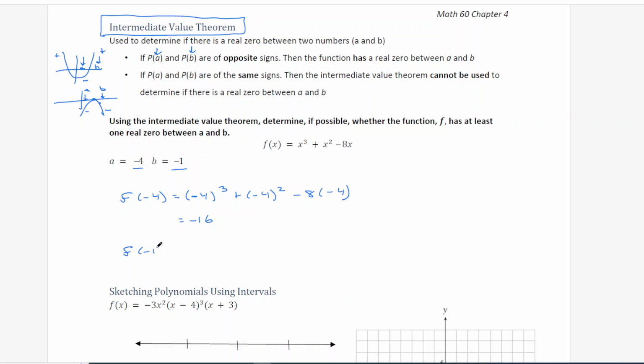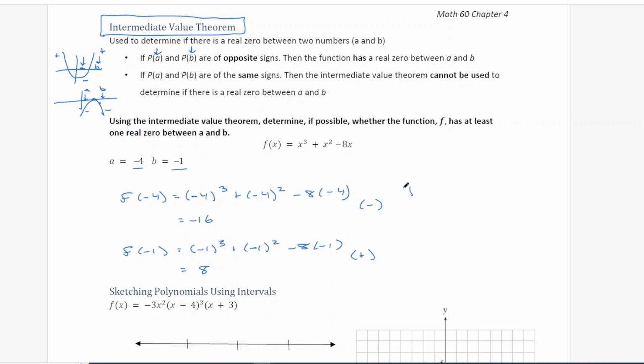If I plug in negative 1, I get negative 1 cubed plus negative 1 squared minus 8 times negative 1. That's going to give me negative 1 plus 1 plus 8, which is an 8. Interesting. So since the y value goes from a negative to a positive, did we go through the x-axis?